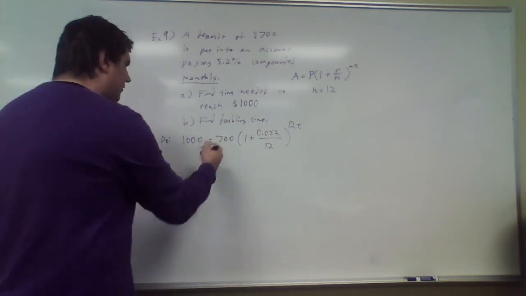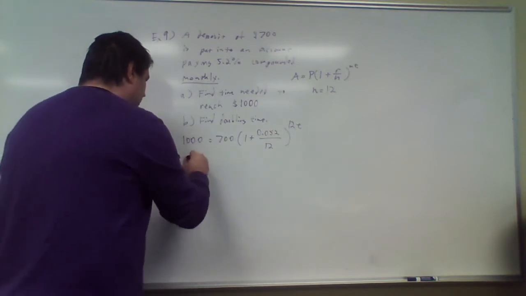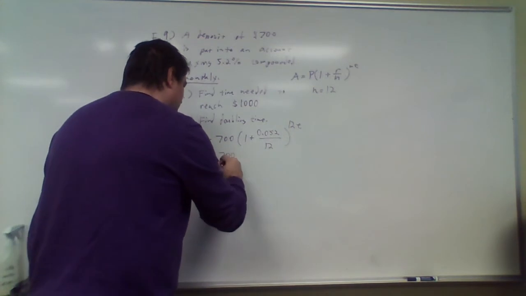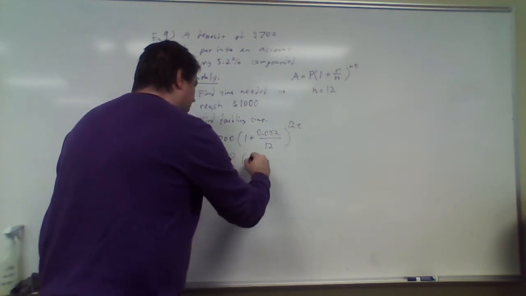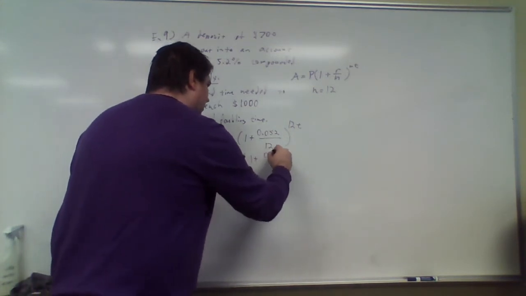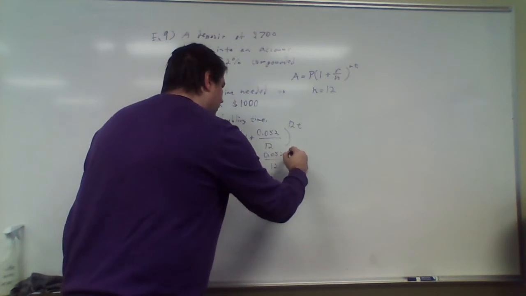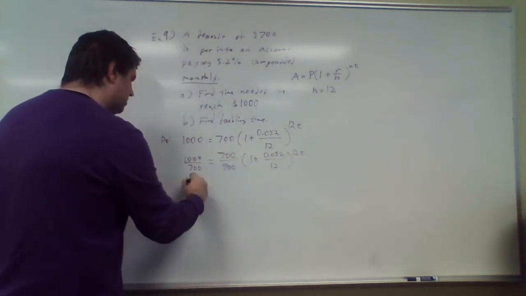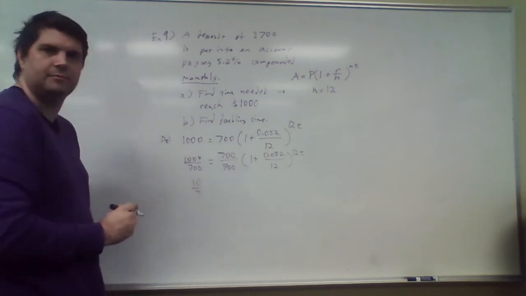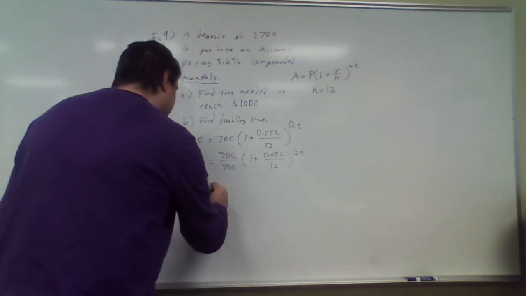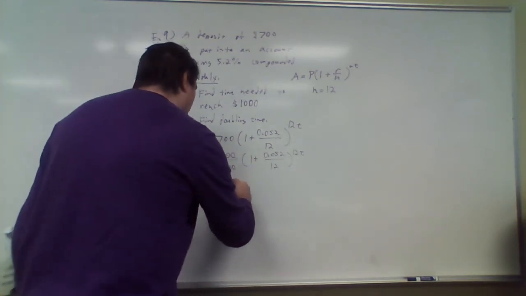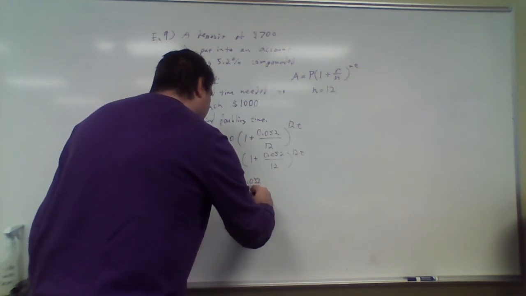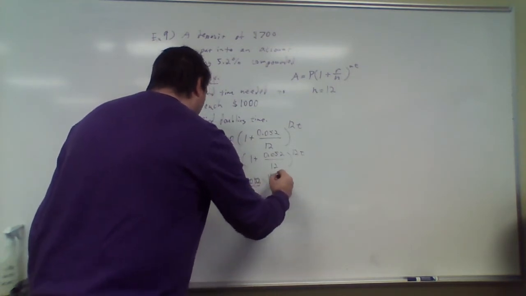So we're going to have to divide off the 700. And that's going to be 1 plus 0.052 over 12 to the 12t power. So this cancels, and this reduces to 10 sevenths. 10/7 equals 1 plus 0.052 over 12 to the 12t power.